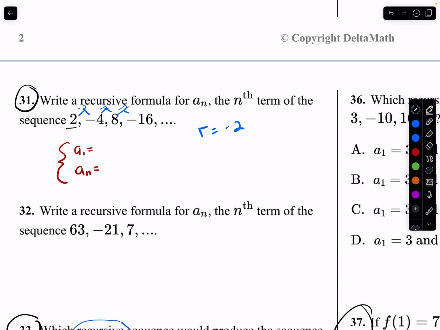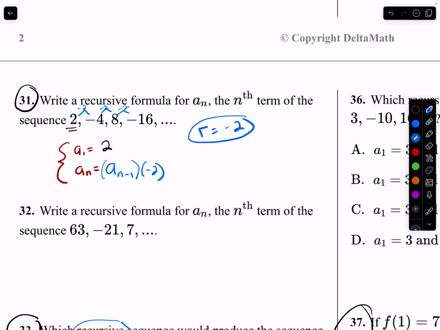So my first term is 2. And what am I doing every time? I'm taking the previous term, a sub n minus 1, and then what am I doing? I am multiplying by the common ratio. So we identify the common ratio here, which is -2. So I'm multiplying by -2 every time.